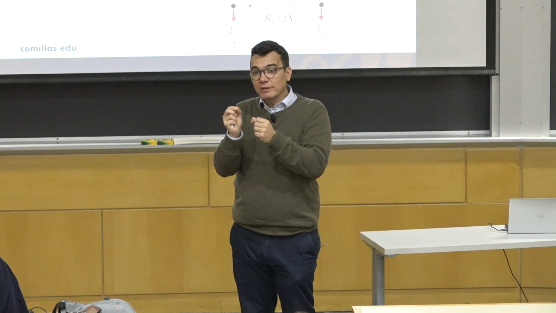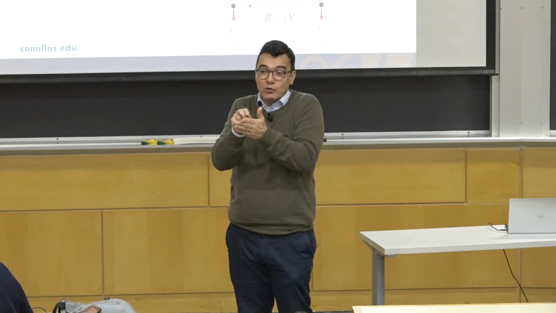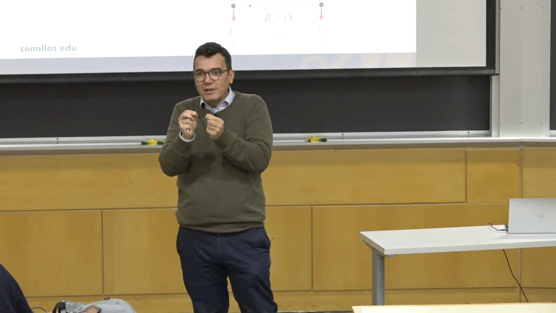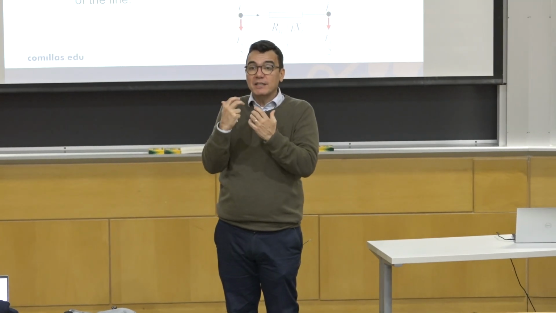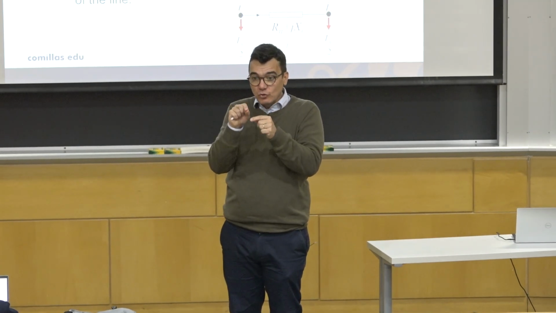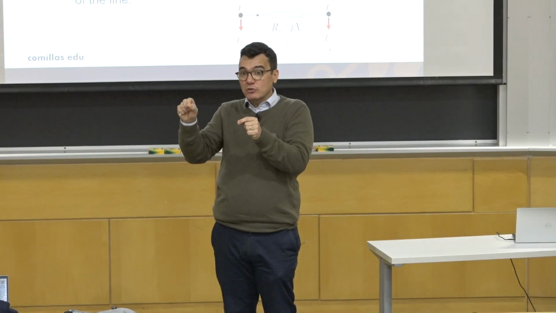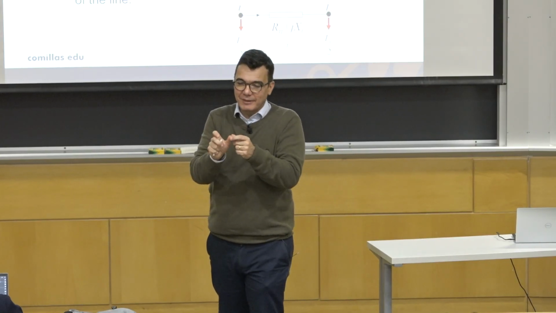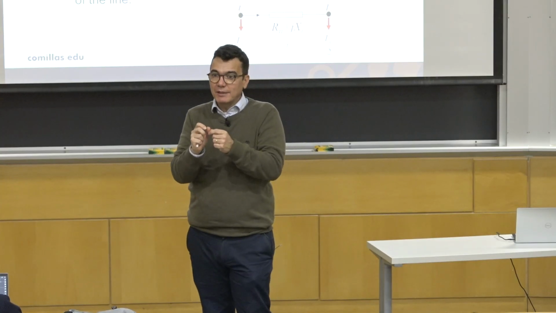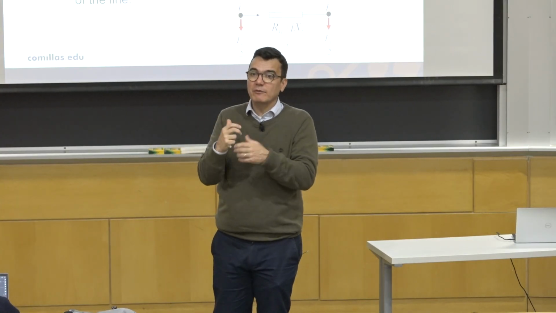But the dual variable is only valid in the solution. Of course, there is a certain range where it doesn't change, but the interpretation of these dual variables is only true in the solution. If you move more than a small interval, you cannot assume that this dual variable is going to hold.